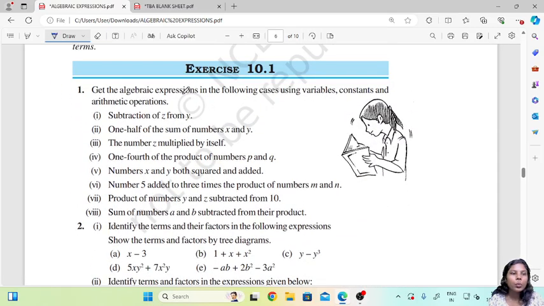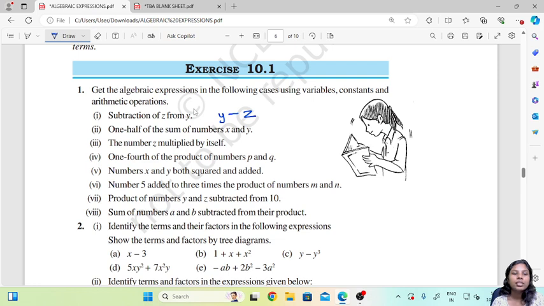Now see here. What they are saying is get the algebraic expressions in the following using variables, constants and arithmetic operations. So they have given a statement and we have to write an expression. Now the first one says subtraction of z from y. So from y you are subtracting z.